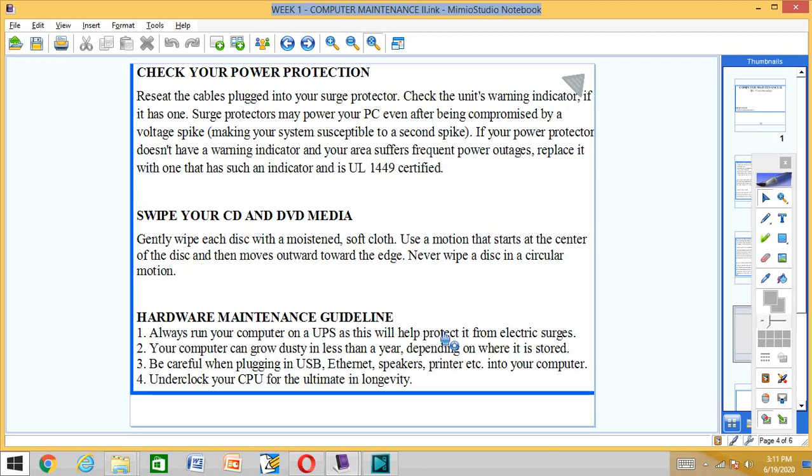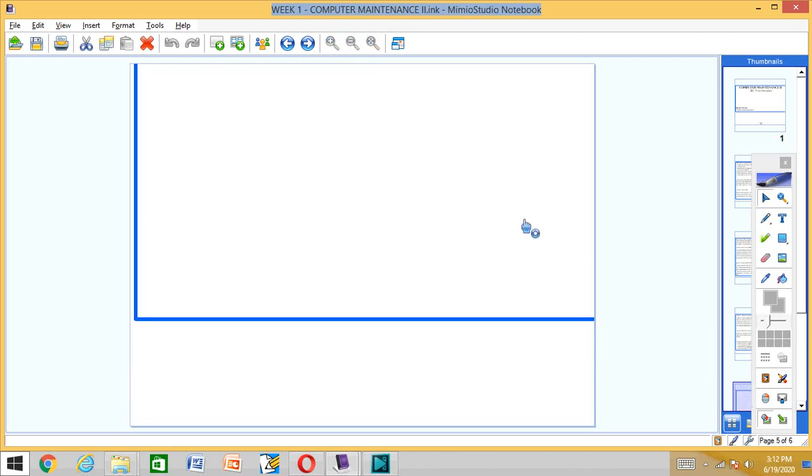Remove dust at intervals from your device. 3. Be careful when unplugging external devices such as USB. 4. Underclock your CPU to make it last longer. We will take this one after the other.